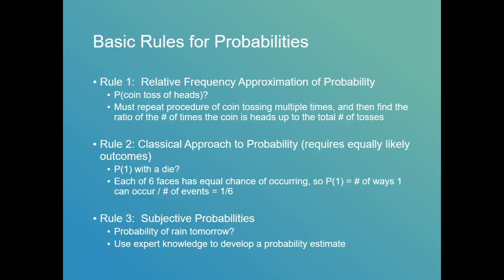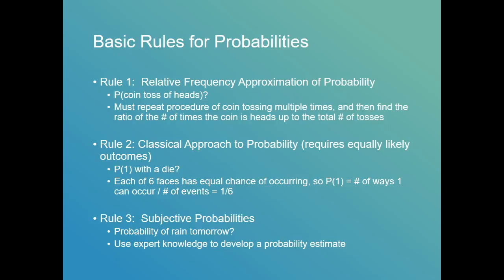The basic rules of probability: the relative frequency is an approximation of probability. So the relative frequency of an outcome is the same as the probability of its occurrence for any given event. In this example, for the probability of a coin toss of heads, you would repeat the procedure of tossing a coin multiple times and then find the ratio of the number of times the coin landed heads up to the total number of tosses.